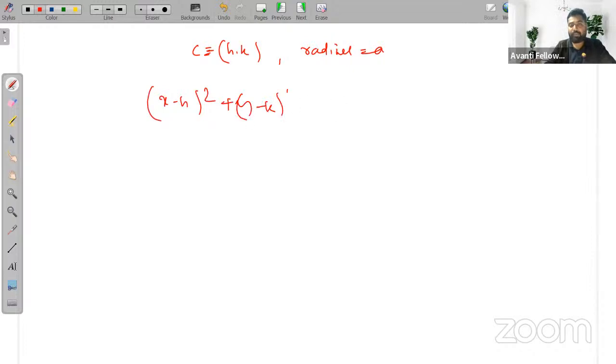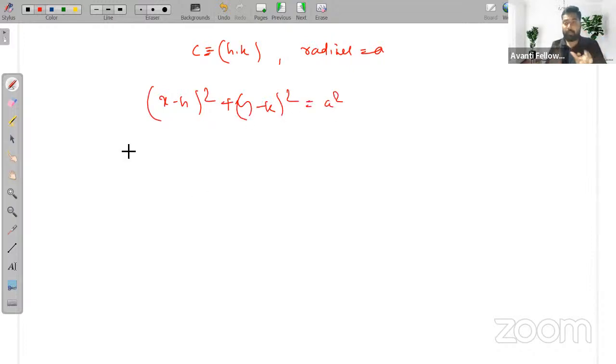Suppose you have a circle with center (h, k) and radius a. Then the equation of circle will be (x minus h) square plus (y minus k) square is equal to a square, right?